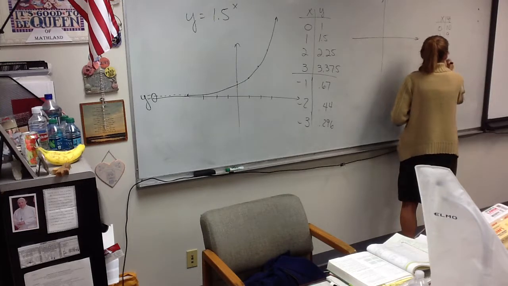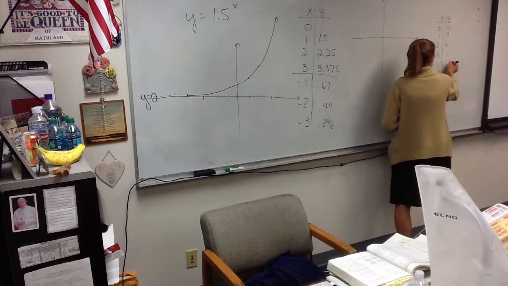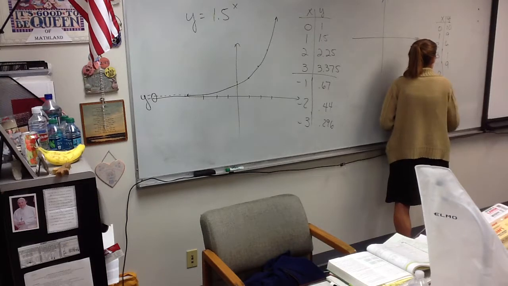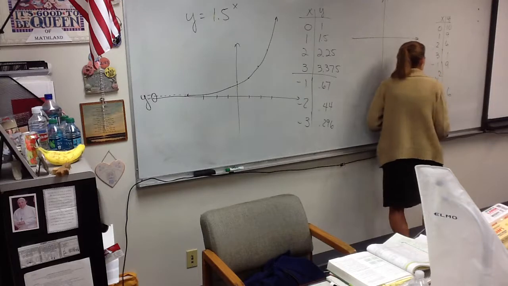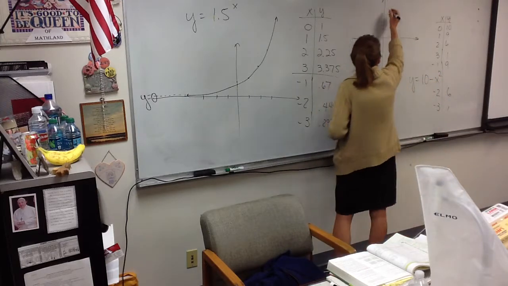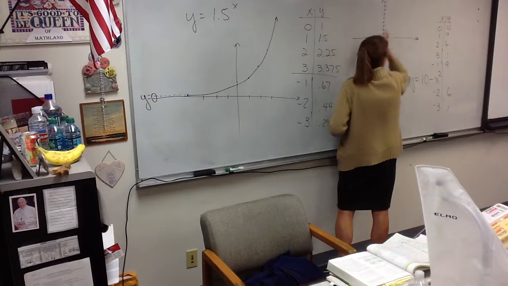All right, let me put in some other ones. How about negative 1? What do I get when I put in negative 1? 9. How about negative 2? 6. And negative 3. Let me go ahead and plot those and see what I've got. There's 0, 10.